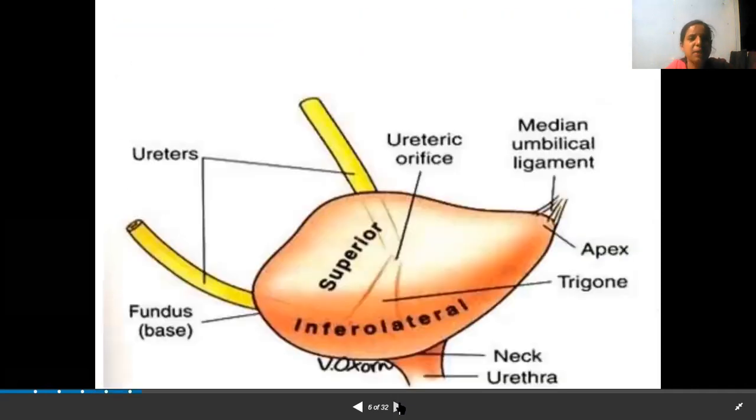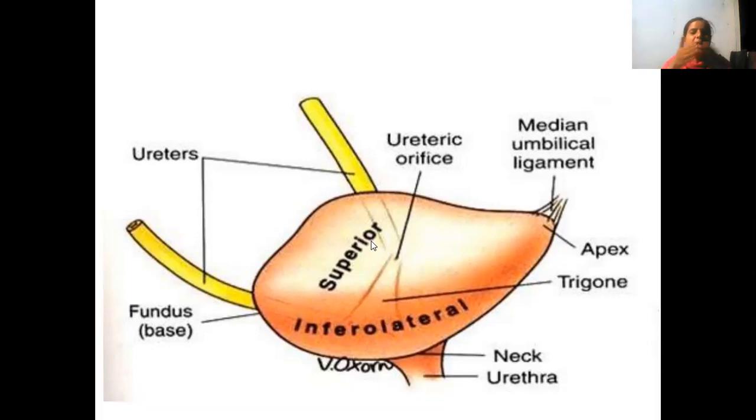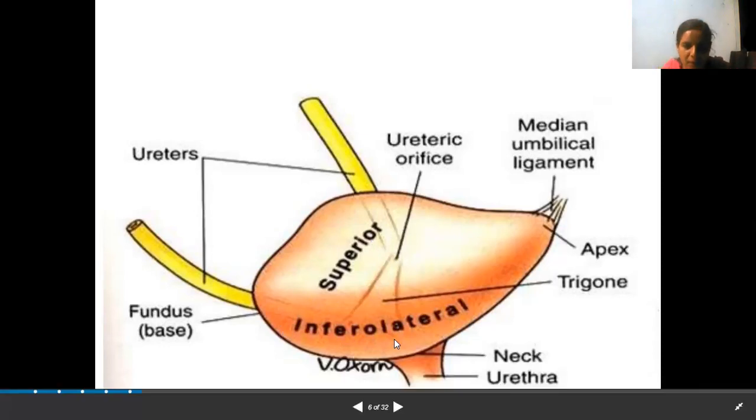Now, what are the presenting parts? See this surface which I told you, which is like this. This whole entire surface which is above, you call the superior surface. On either side, I said we have one inferolateral surface and the other inferolateral surface. One side is shown here; this is the other side which is shown. That means this is the apex, where that violet line was.